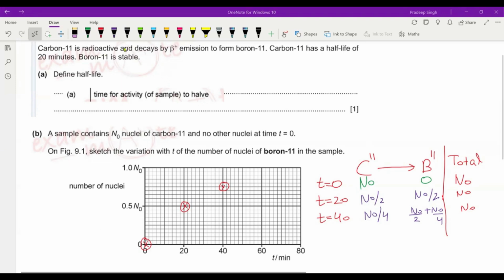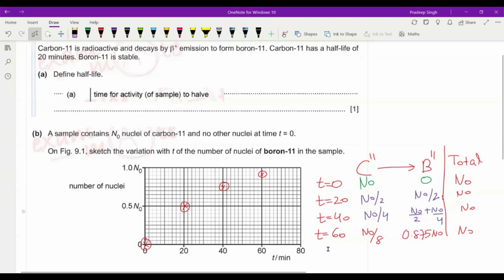At 60, Thiru, tell me what will be boron. 0.875, correct. And at 80, we actually require at 80 also.